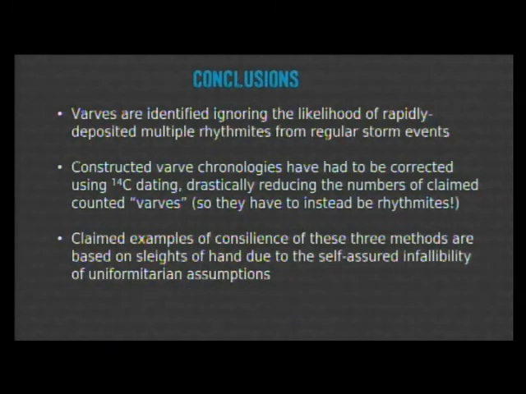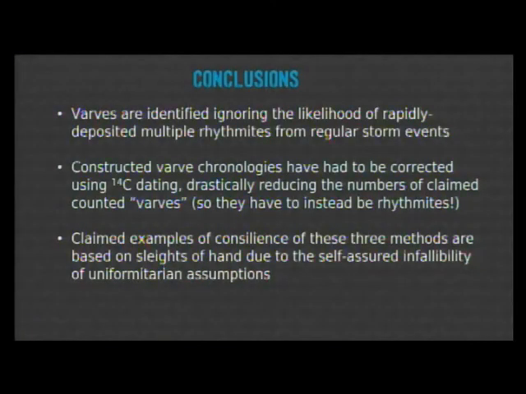Varves are identified ignoring the likelihood of rapidly deposited multiple rhythmites from regular storm events. Constructed varve chronologies have had to be corrected using radiocarbon, drastically reducing the numbers of claimed counted varves. So in fact, they must instead be rhythmites.